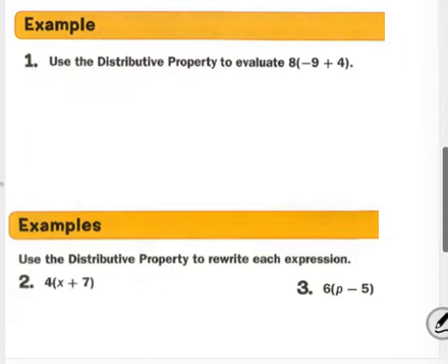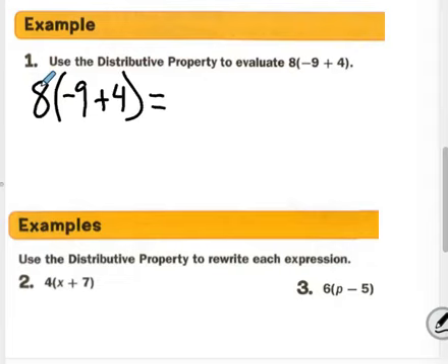Okay, so in our first example here, we're going to evaluate, using the distributive property, 8 times the quantity of negative 9 plus 4. So what we're going to do is rewrite, and we are going to show how we distribute this 8. Now, obviously, since this doesn't have any variables in it, we could simply use PEMDAS, or order of operations, and solve this.